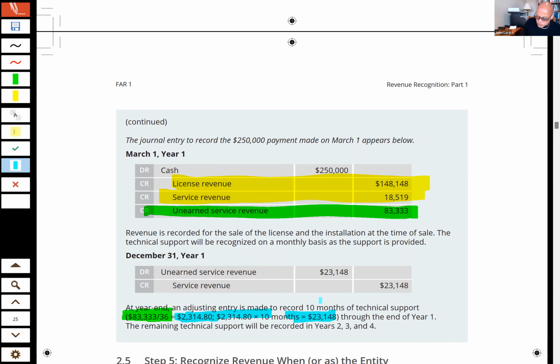That means in year 1, we'll take about $23,000. And then going forward, we'll be able to take the full 12 months as we go into year 2. And then year 3, I guess there'd still be 12 months. And then in year 4 of the contract, there'd be only the 4 months. Okay.